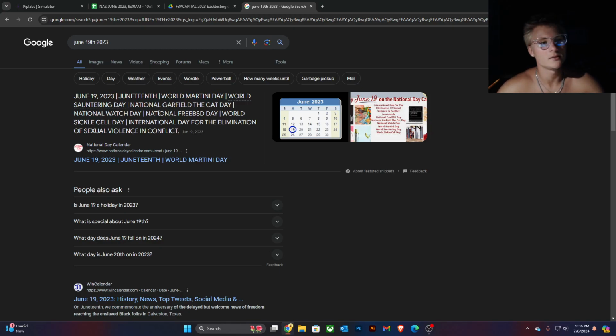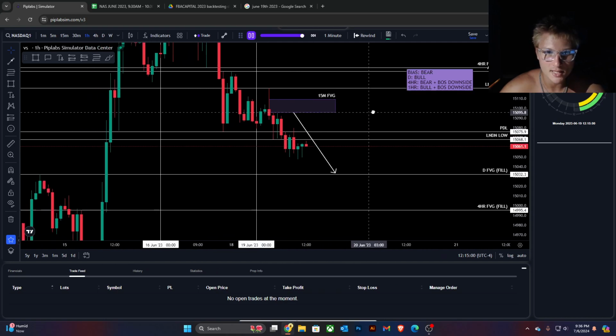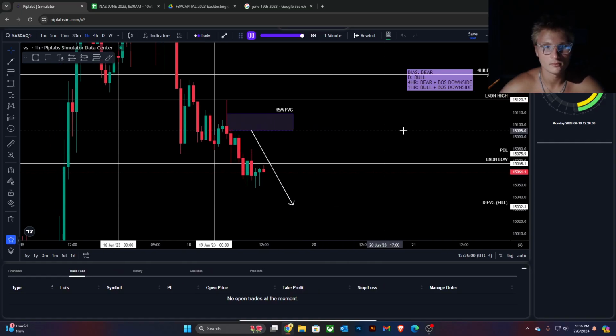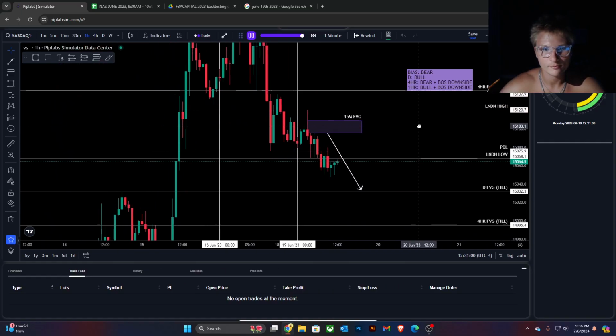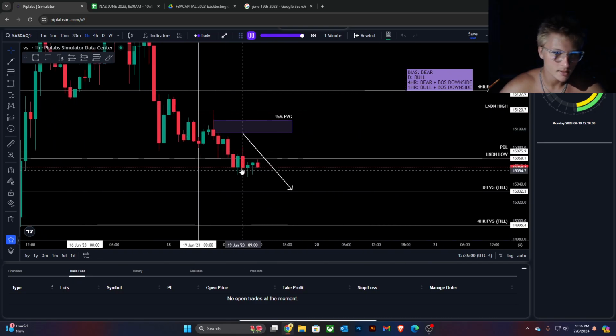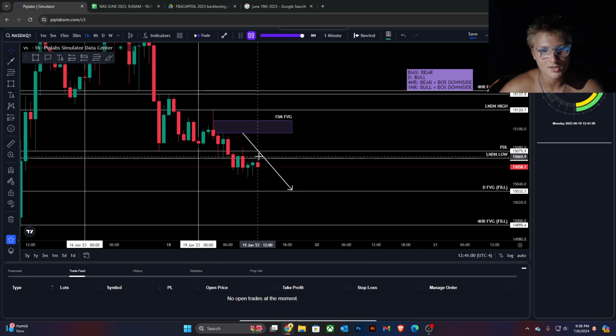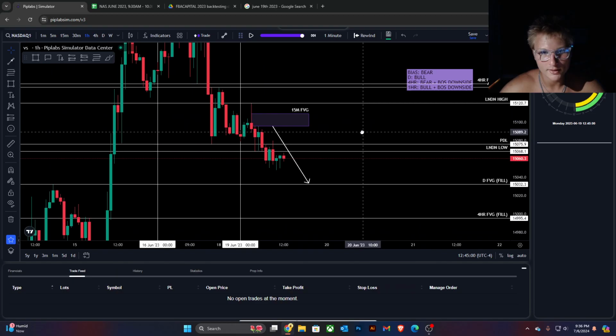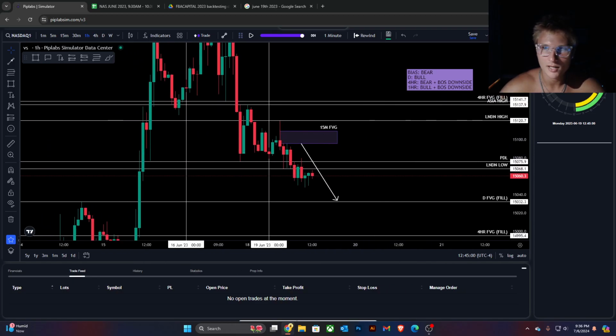That's crazy. Alright, so it's Juneteenth. June 19th, yeah. Alright, that makes sense. So yeah, we're getting holiday price action. I didn't have a setup anyway. But yeah. So you can see, I could tell right from this price action that it was a holiday. Just crazy. Wow. How did I not know that?